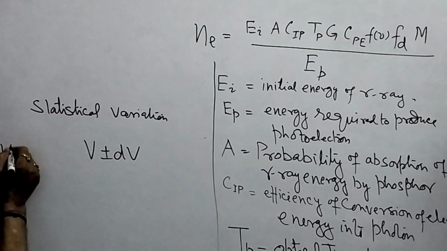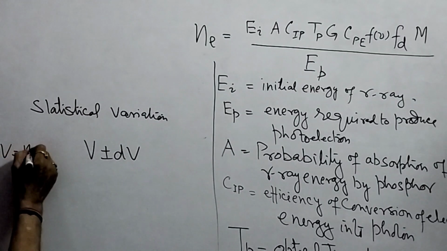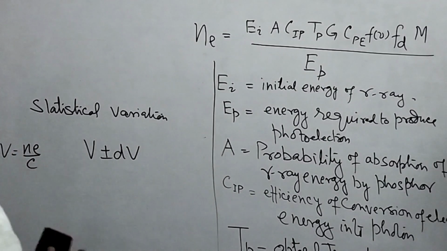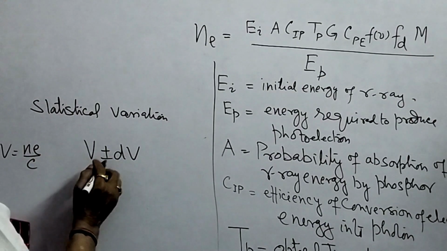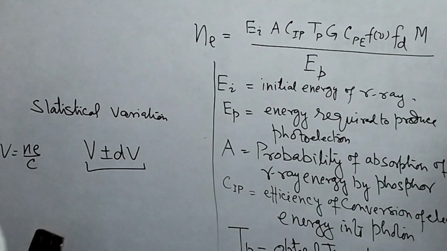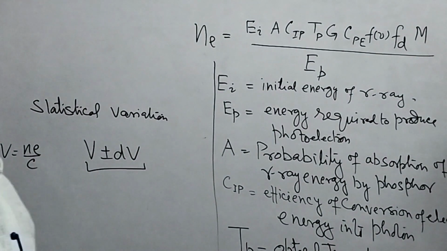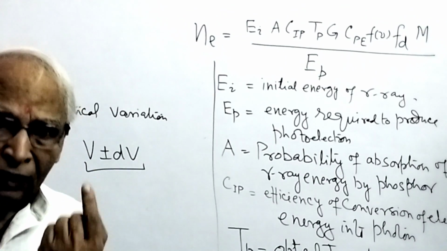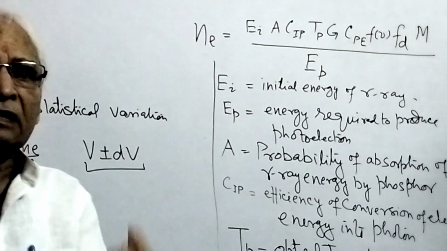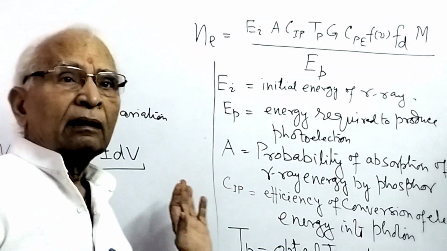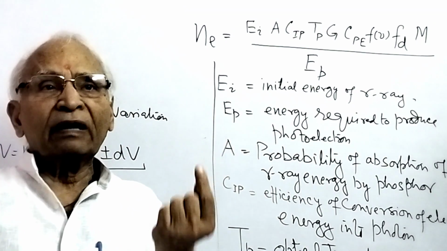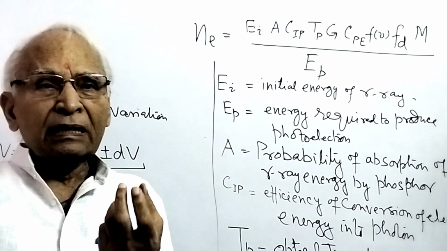V is equal to Ne over C. So this V has got a variation V plus minus dV. Means the pulse height is not only one particular value. There are pulses produced by this photomultiplier tube and whole assembly having variation.